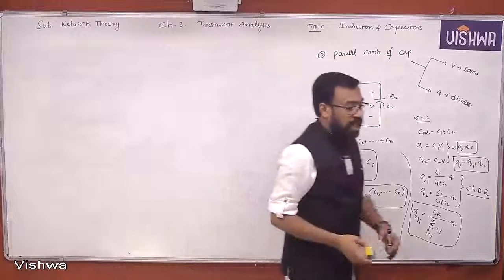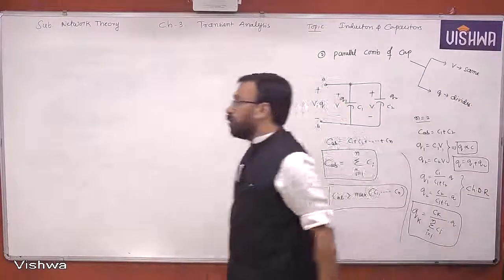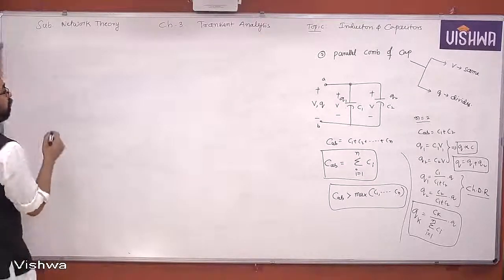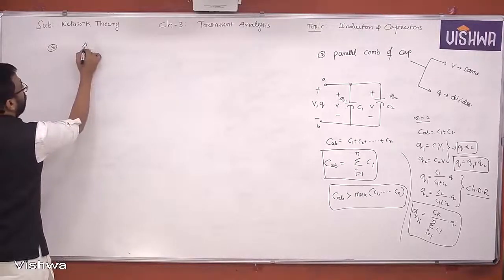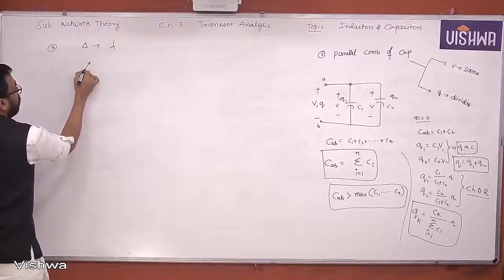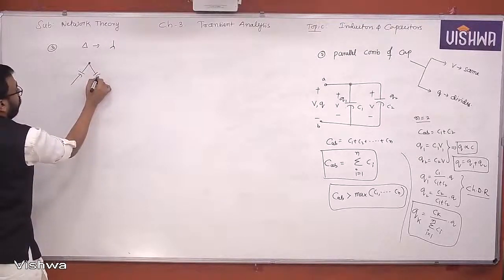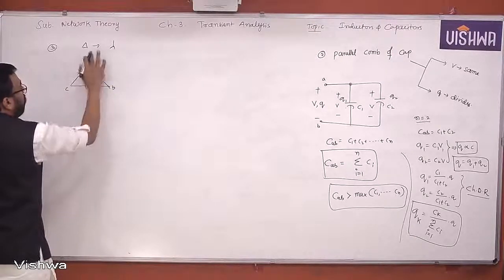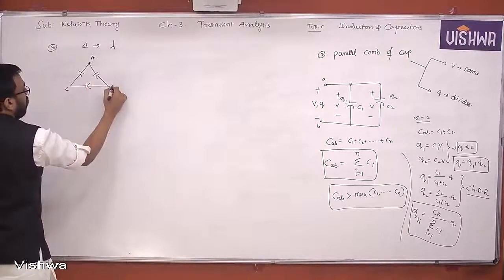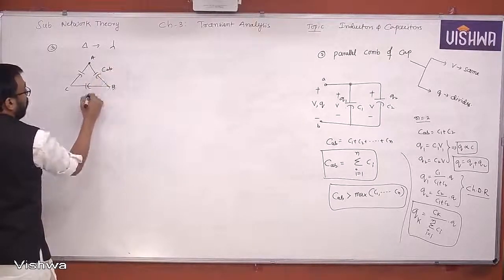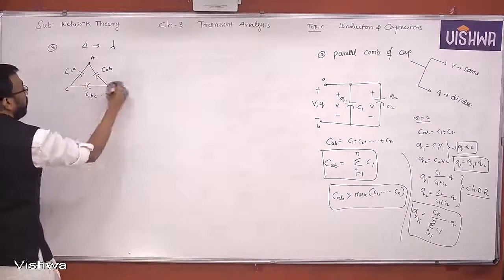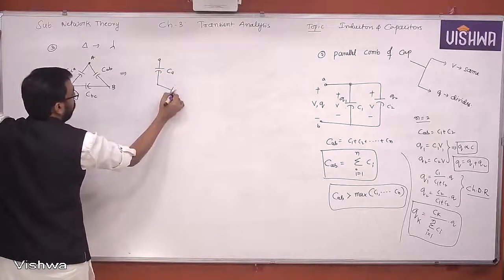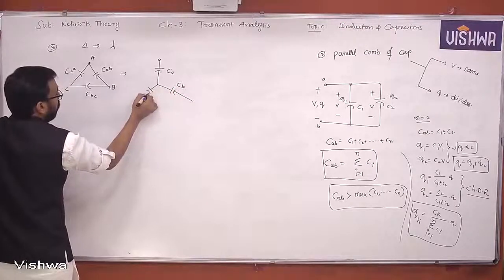Now, similarly, you can apply this for star delta transformation also, because in the exam you are getting some questions on star delta transformation. Okay. Delta to star. CAB, CBC, CCA, CA, CB, CC.